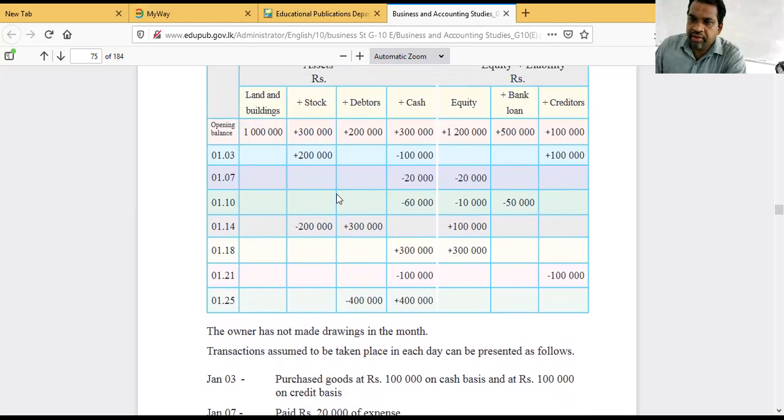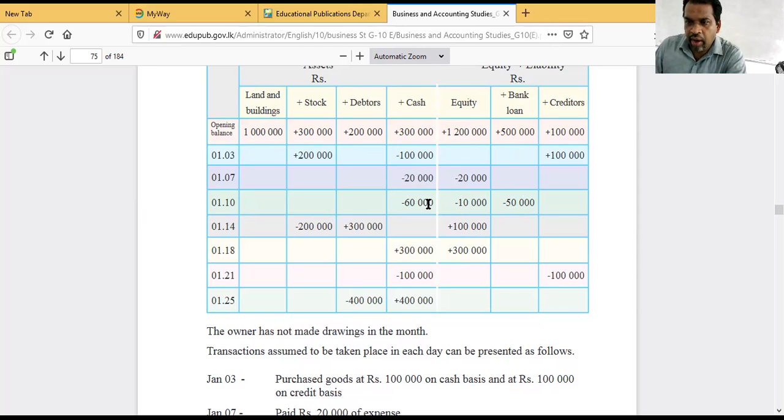Then the transaction number 3, which has occurred 10th January, they have recorded minus 60,000 under cash, minus 10,000 under equity, and minus 50,000 under bank loan. You know, as they have put minus 60,000 under cash, anyway, they have paid money.